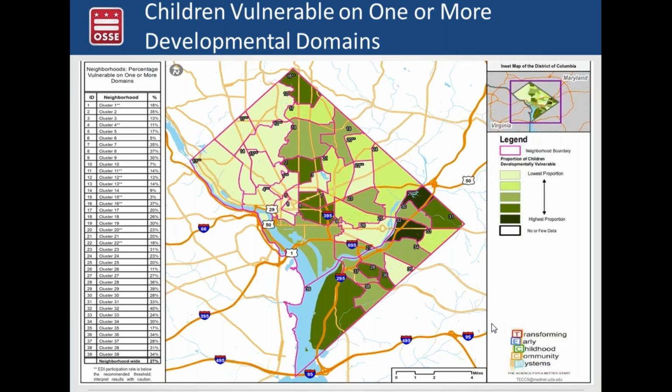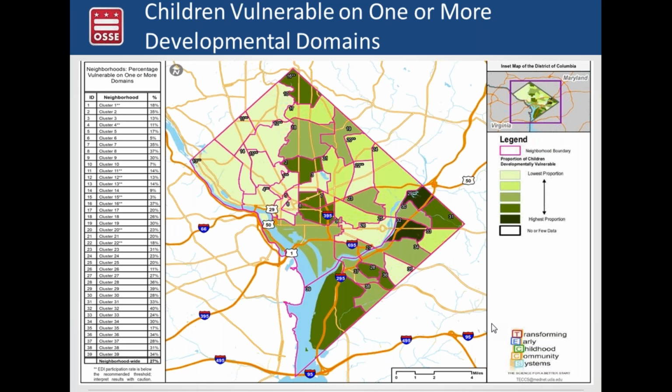If the shading for a given cluster is darker, it means it's a higher percent of children vulnerable, higher than the national average. So it's both giving you your local pattern, regardless of where you stand nationally, but anything higher or lower than that middle range also reflects how you're doing relative to the national average, keeping in mind that national average is for kindergarten students.